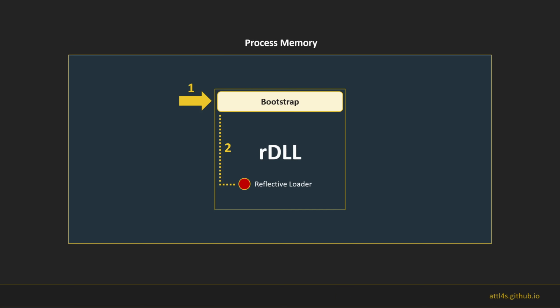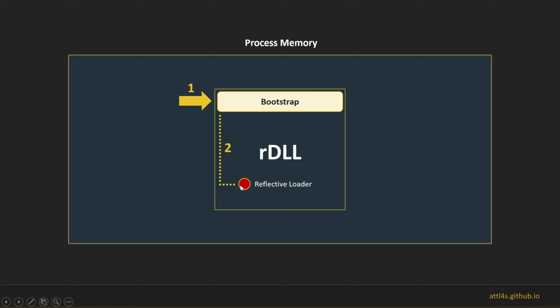Something like this. We will have the bootstrap within the DOS header, and when we execute position 0 of this buffer or this code, we're going to execute the bootstrap. And the bootstrap is going to find and execute the reflective loader export.